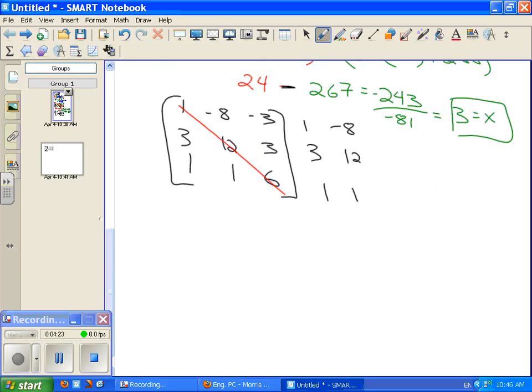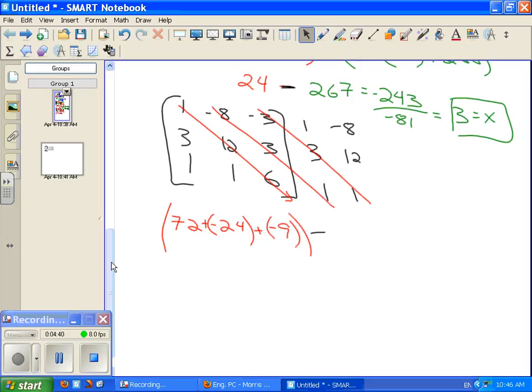All right, 1 times 12 times 6, 72. Negative 8 times 3 times 1 plus negative 9 minus my up diagonals, negative 36 plus 3 plus, what is it?